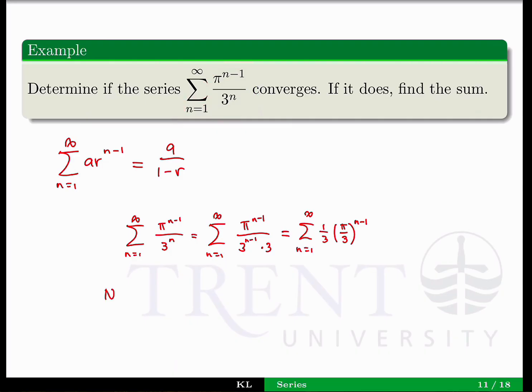Now, pi is approximately 3.14. So pi over 3, this will be greater than 1. 3.14 divided by 3, that's greater than 1. So, this means that the series pi to the n minus 1 over 3 to the n from 1 up to infinity, this one is divergent.